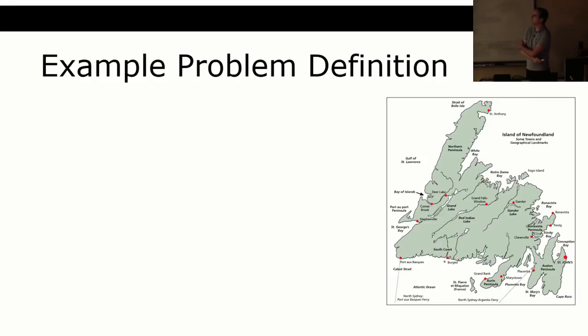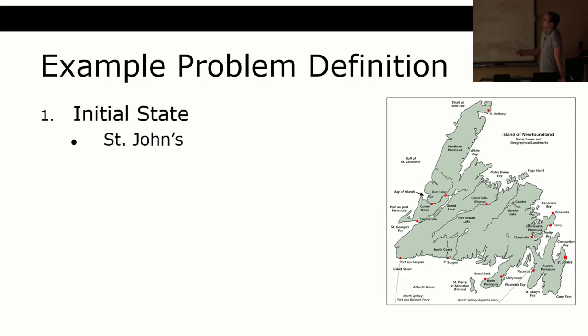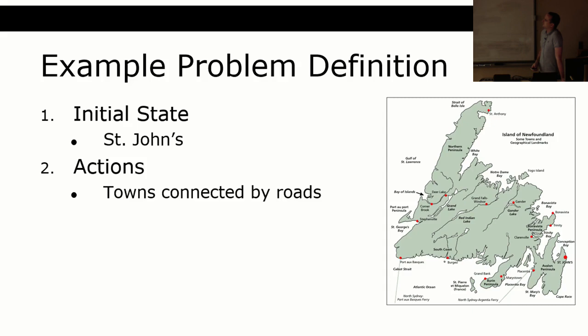So here's an example problem definition for this problem that we talked about. The initial state is going to be St. John's. We are somewhere in St. John's. The actions are going to be, I'm going to tell you to move from one town to another town, and that's connected by a road, and I'm just going to assume that you're able to do that.